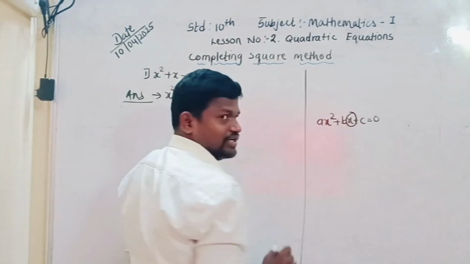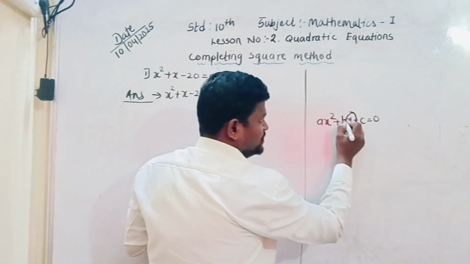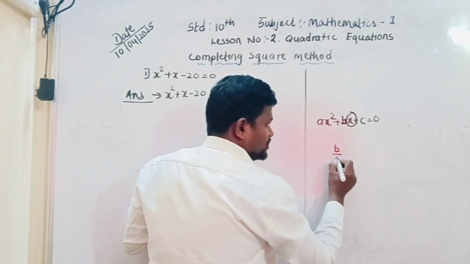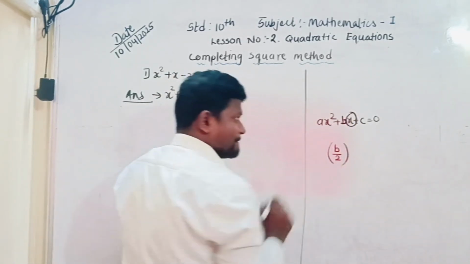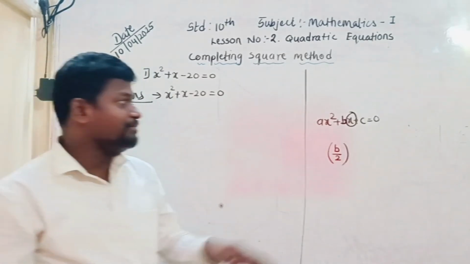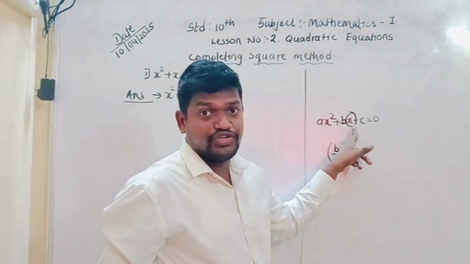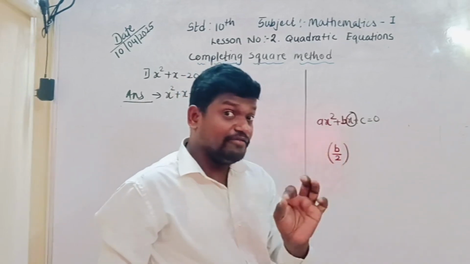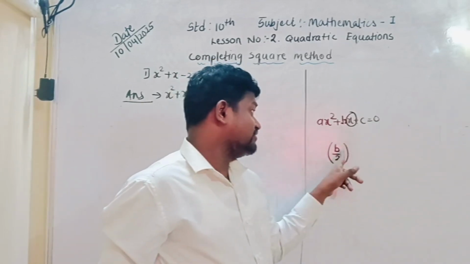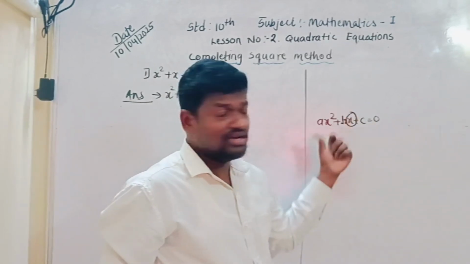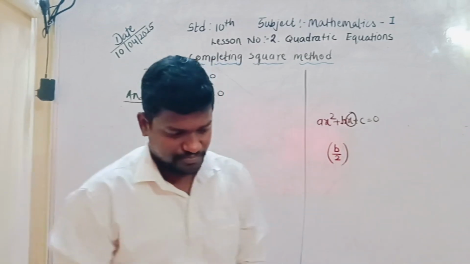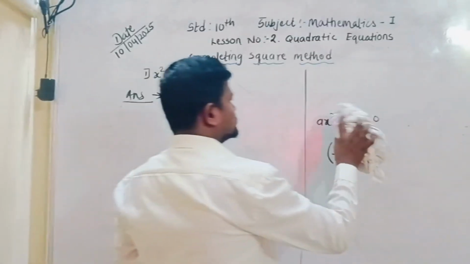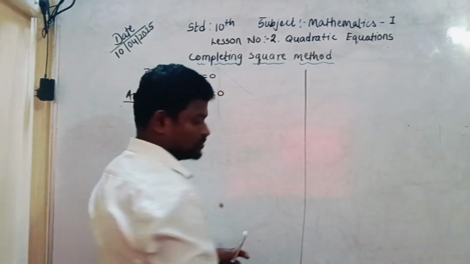Find out the x coefficient. So the x coefficient is b. So we have to divide this b value, the coefficient of x. Identify the x coefficient and divide by 2. So this is the trick you have to follow. Okay, so let's continue.